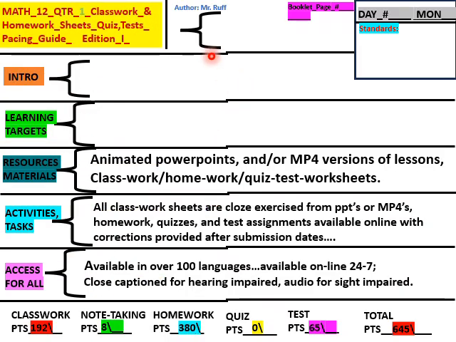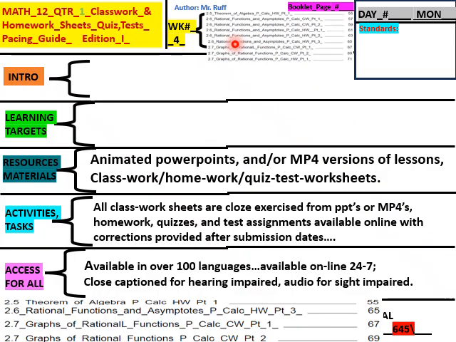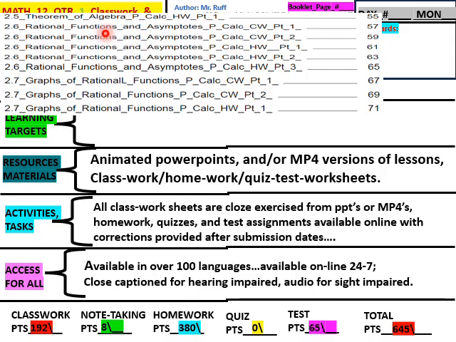So going up here to Math 12 Quarter 1 Week 4. Here are our lessons: 2.5 Theorem of Algebra, Pre-Calc Homework Part 1. So we finish up with 2.5. Then we go into 2.6, rational functions and asymptotes, classwork 1, part 1, part 2.